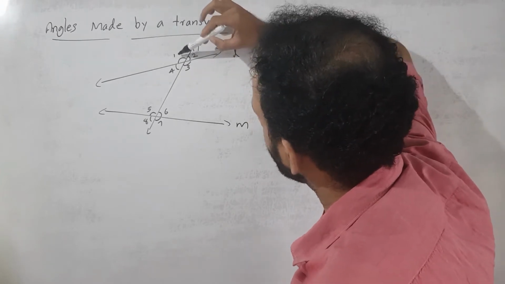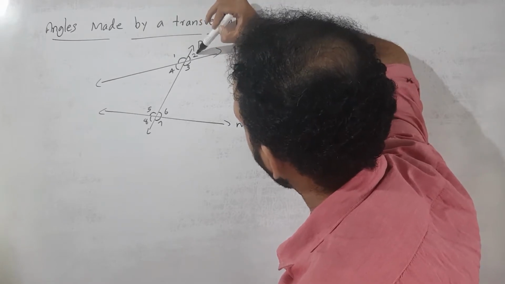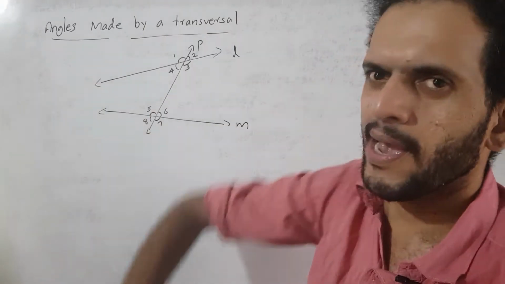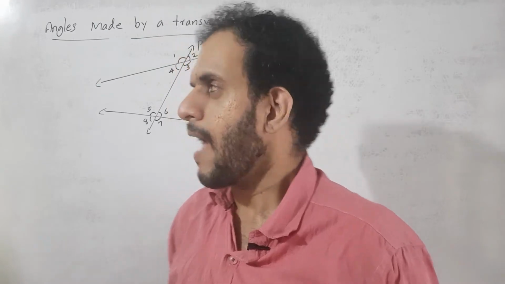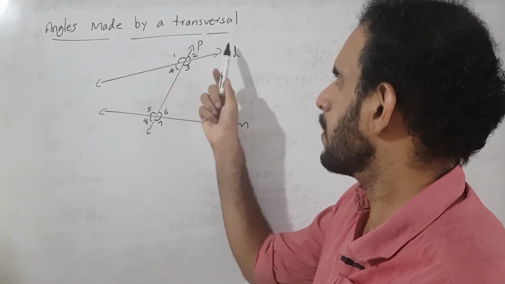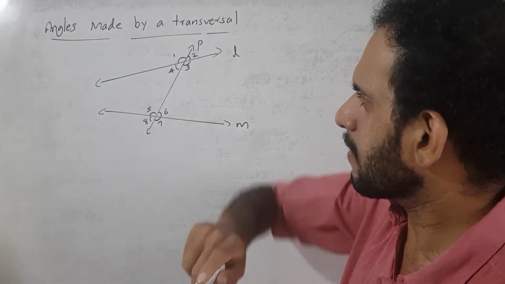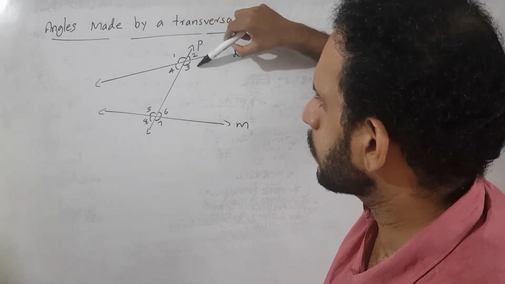Then what do we call angle 1 and 3, and what do we call angle 2 and 4? Yes, it is very clear. The line P and the line l intersect at a point. Then there exist the angles 1, 2, 3, 4.